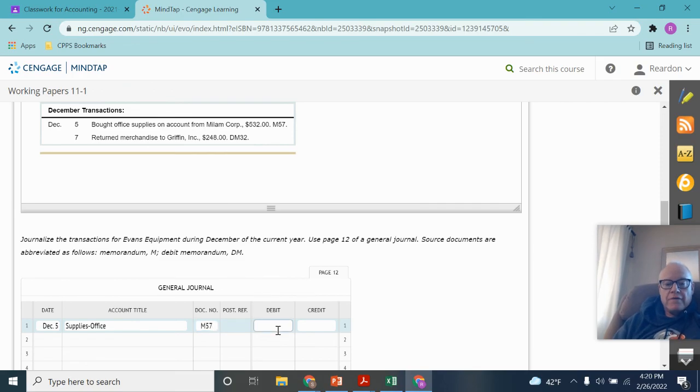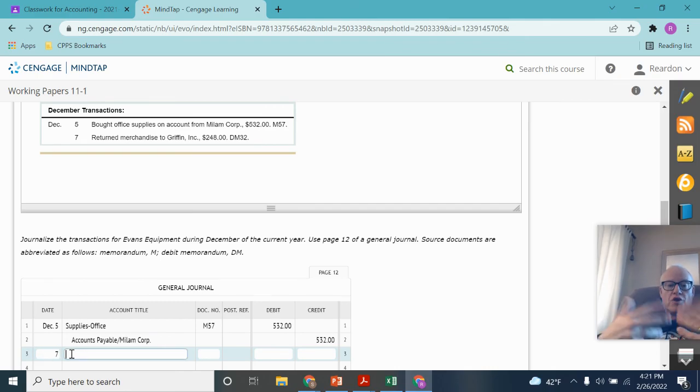We're debiting that for 532. The credit side of that, and by the way, this is in journal page number 12, is going to be accounts payable, because we can't record it in a special journal. And we're doing that to Melam Corp. We don't have to re-record the document number, of course. Credit of 532.